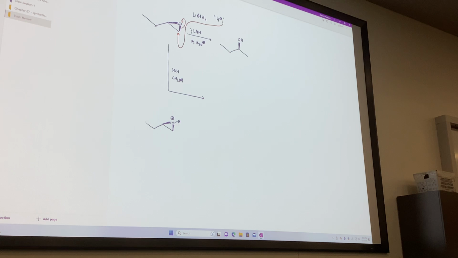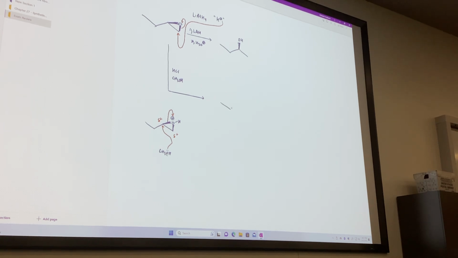Because what we're looking at is the partial positive here, partial positive here. Which one of those is going to be more stabilized? The more heavily substituted position. And then our methanol, very similar to if we had water, would come in and attack, to put an OH group on there, will come in and attack here, and break that epoxide ring open.